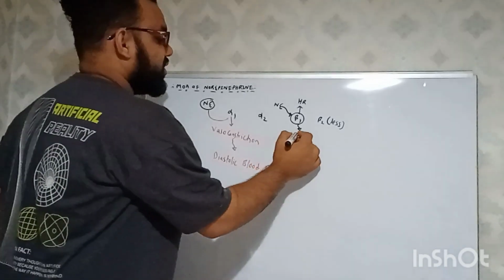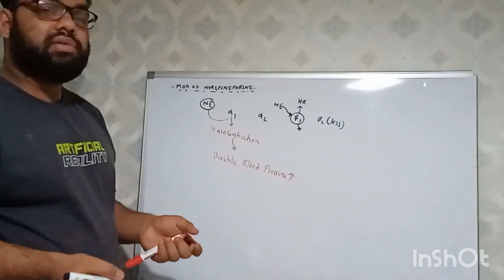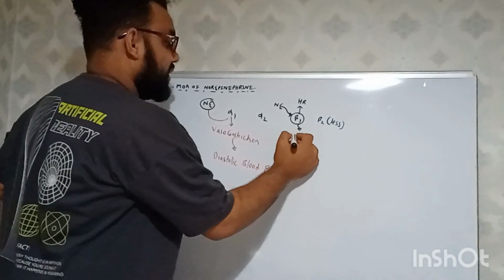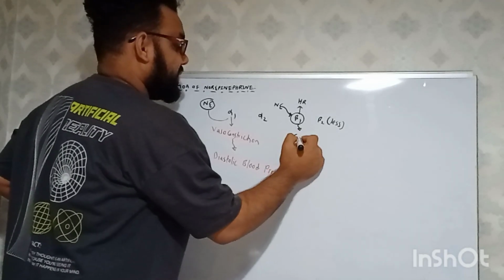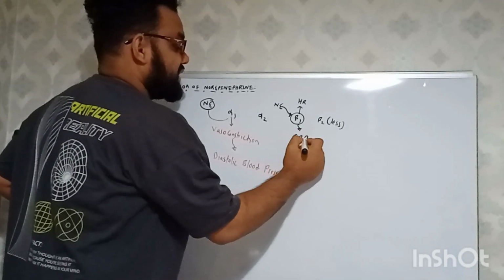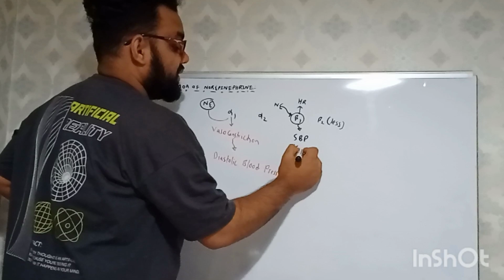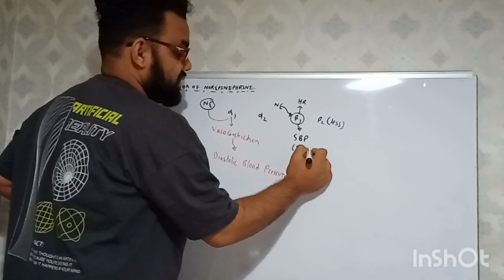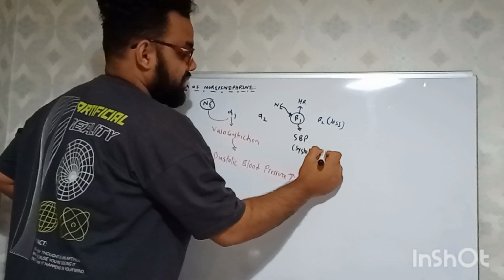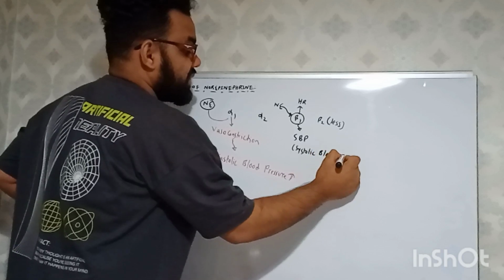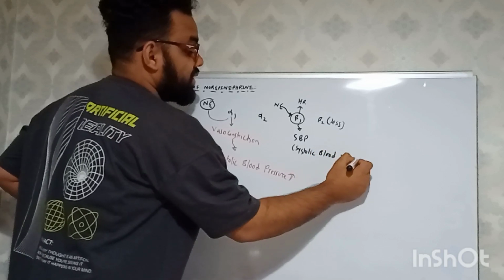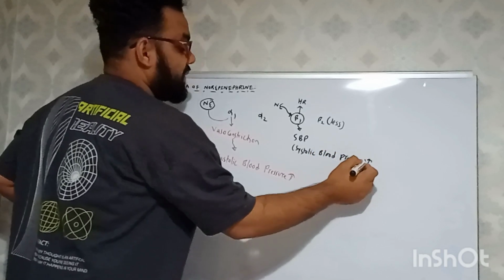Whenever the cardiac output gets increased, as a result the systolic blood pressure, I am writing SBP, that means systolic blood pressure, will also be elevated.